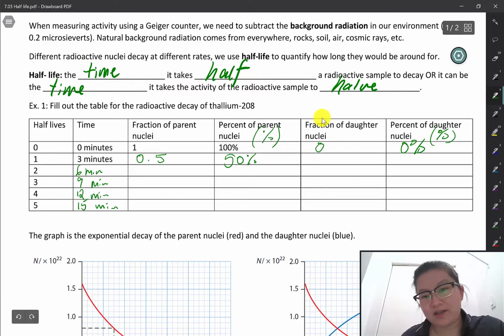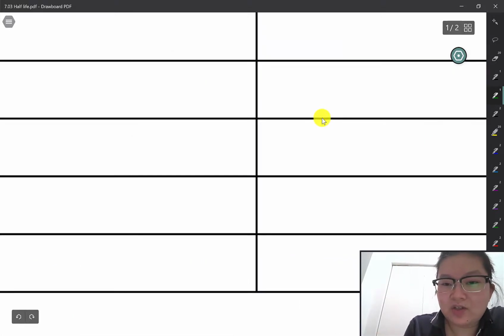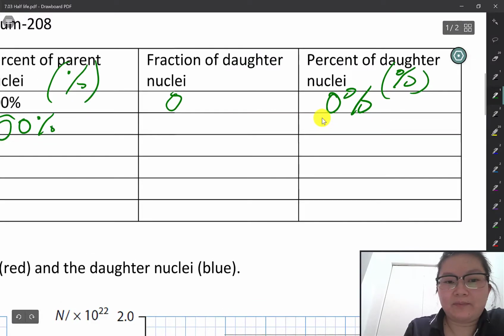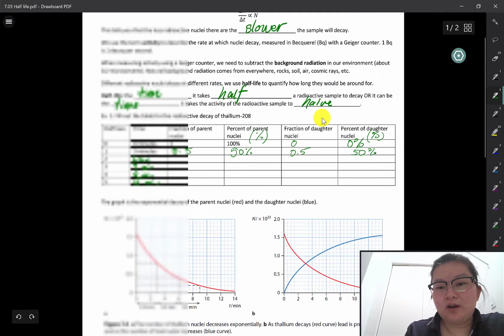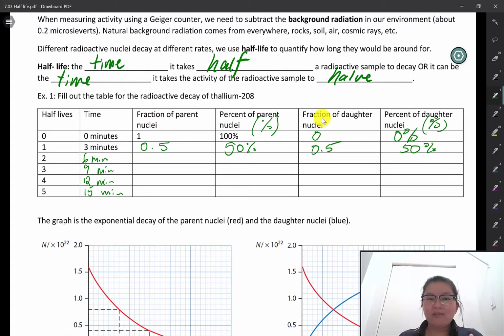And 50% has decayed into the daughter nuclei, so that's 0.5, which is 50%. In a whole sample, after 3 minutes, half of it is parent, thallium-208, and half of it is daughter, whatever thallium decays into.